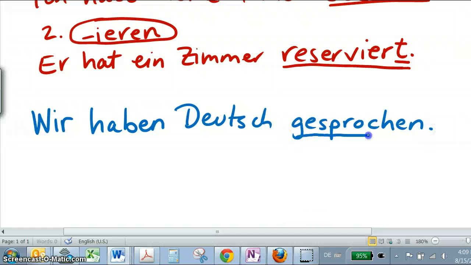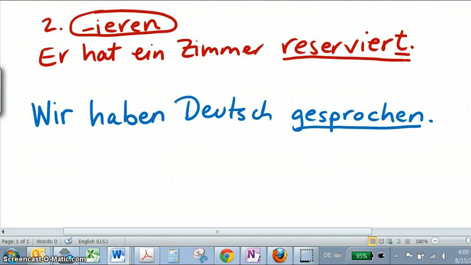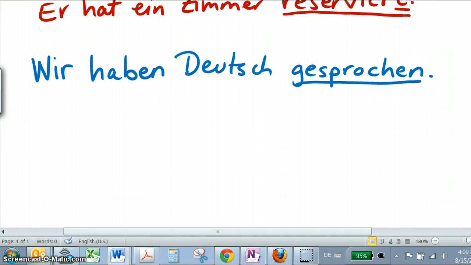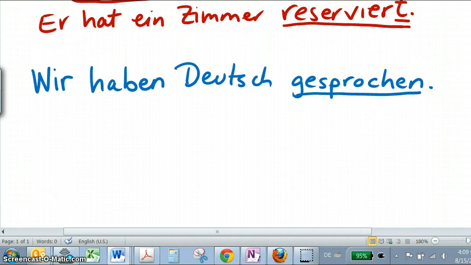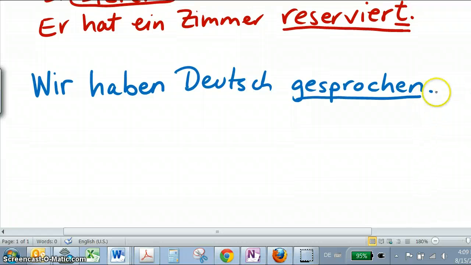Sprechen is an irregular verb, and this is the past participle. And if you didn't know that, you have to look it up in a dictionary or in the back of your textbook on the list of irregular verb forms. And if you don't find a verb on one of those lists, then you can assume that it's regular, and you know what to do with those. They will end in T and have the G on the front of them.